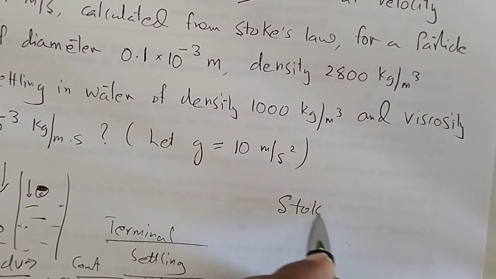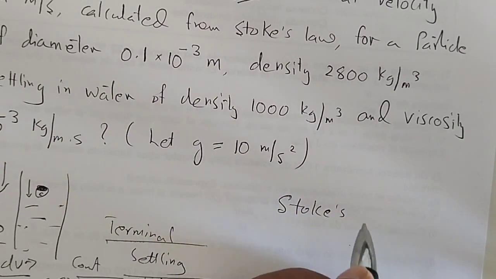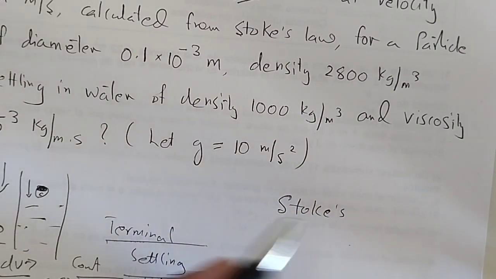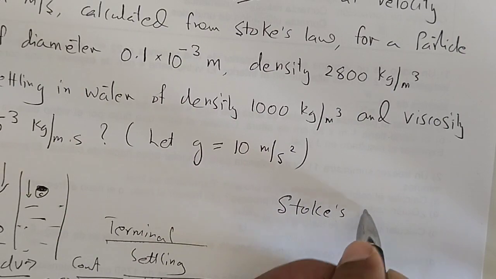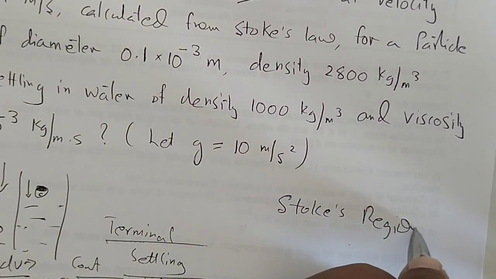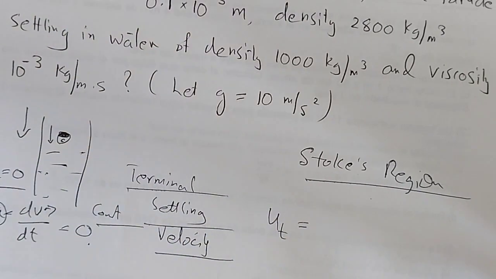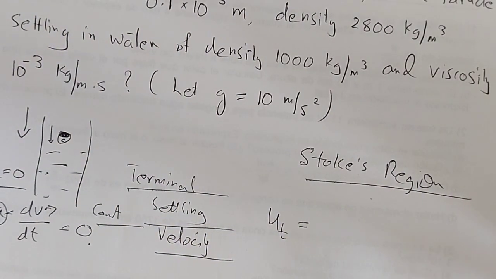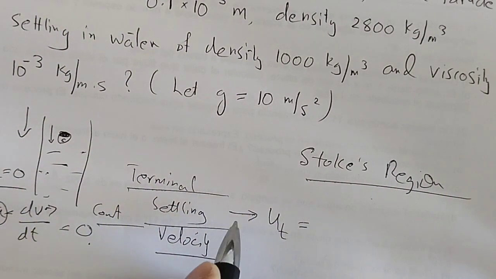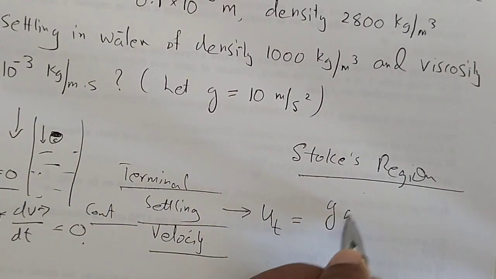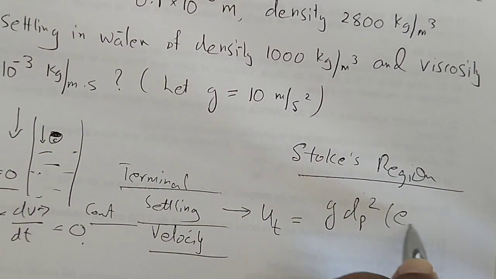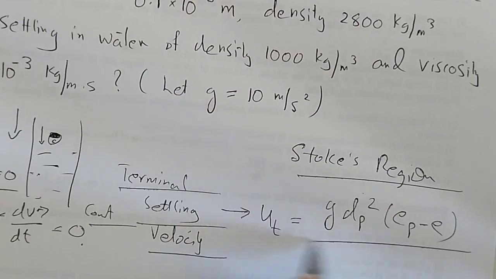Stokes region is the region where the particle Reynolds number is less than 1. So for Stokes region, the formula to calculate terminal settling velocity is g dp square into rho p minus rho f, divided by 18 mu.